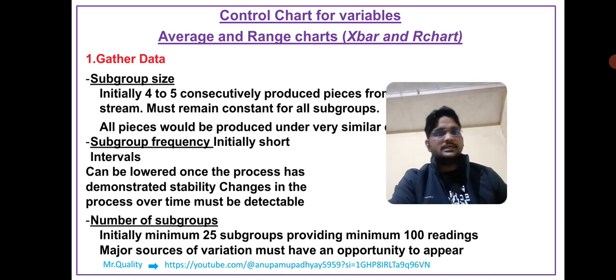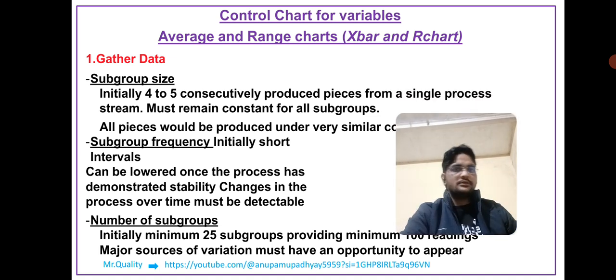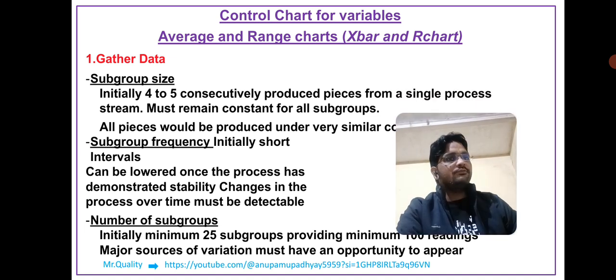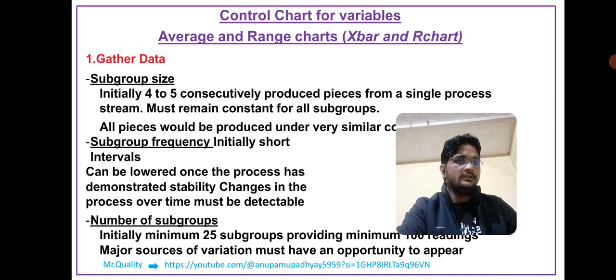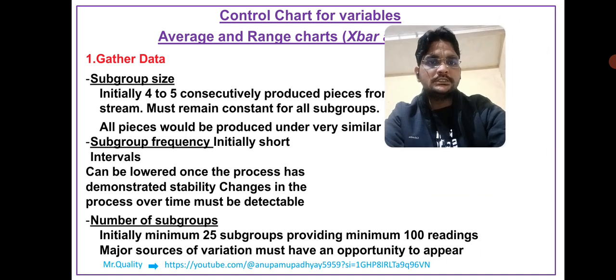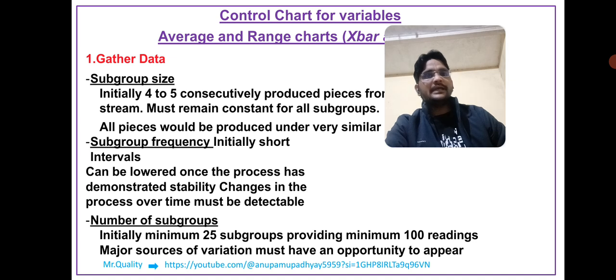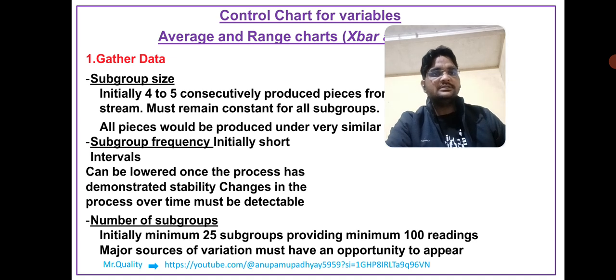Average and range chart, meaning X bar and R chart. Gathering data: subgroup size is initially 4 or 5. Consecutively produced pieces from a single process stream must remain constant for all subgroups, and all pieces should be produced under very similar conditions. Subgroup frequency is initially a short interval and can be lowered once the process has demonstrated stability.